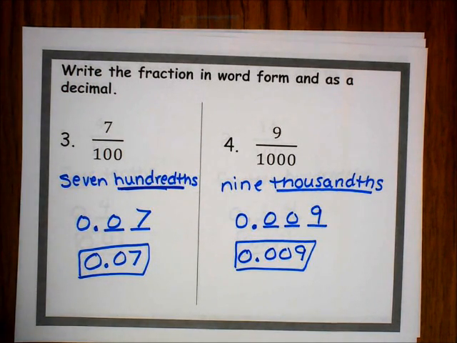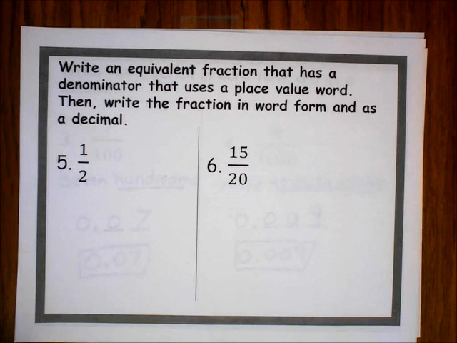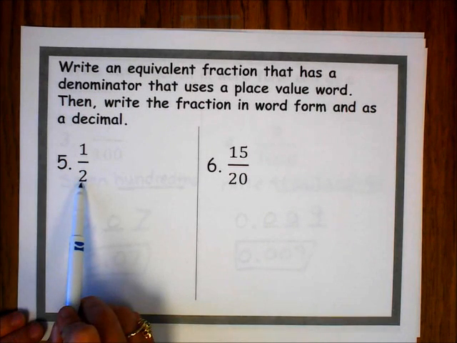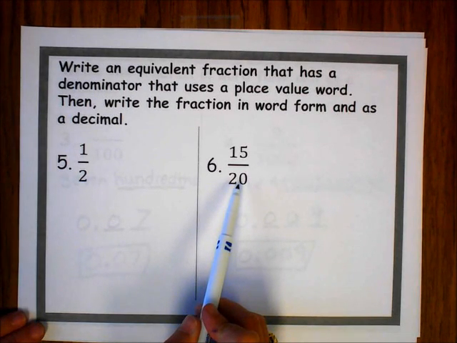Now, let's change things up a little bit. Look at number 5 and number 6. Notice my denominator of 2 and denominator of 20 is not a place value word like I had on questions 1 through 4. On 1 through 4, all of my denominators were either tenths, hundredths, or thousandths.